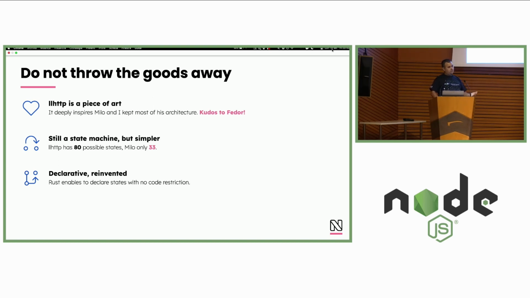For instance, we still have a state machine which is able to parse the same language, but with 33 states rather than 80, so it's way simpler to debug. And I was able to find a way, exploiting the procedural macros that Rust supports, to write states in a very understandable way, even after the transpilation, which I will show you in a bit.